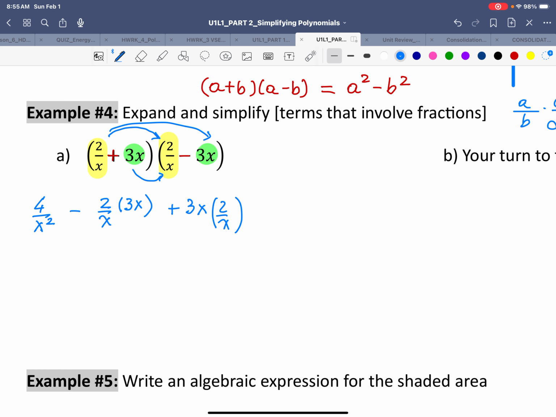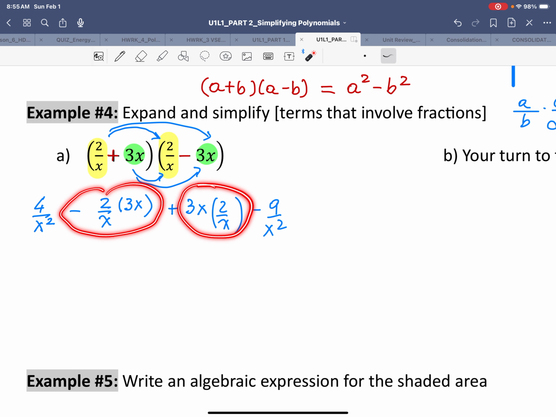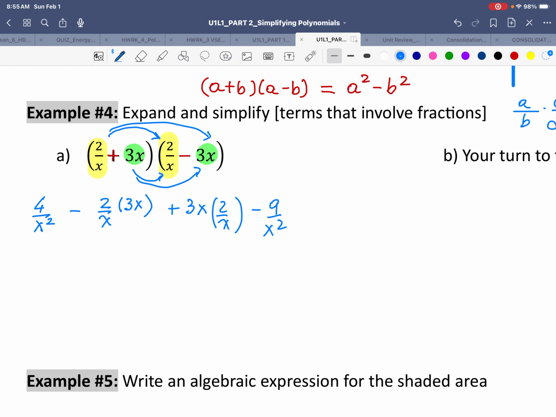And lastly, we have 3x times negative 3x, so negative 9 over x squared. As you can see in here, these two terms are exactly the same. They have opposite signs, which means that the answer here would be 0, or they would simplify to 0. And the final answer would be 4 over x squared minus 9 over x squared.